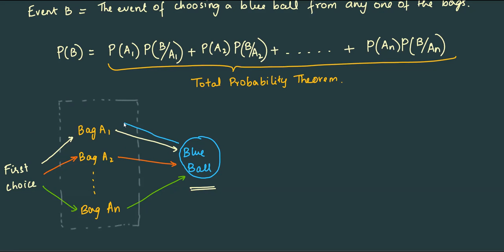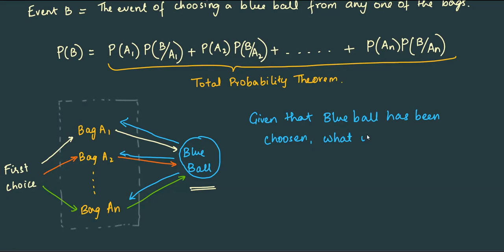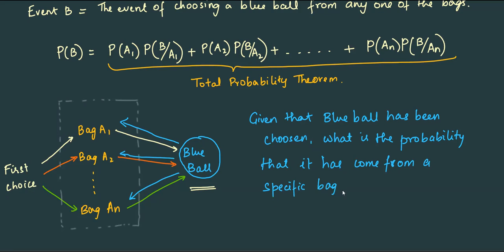I am showing the reverse arrow now, indicating that given that a blue ball has been chosen, what is the probability that it has come from a specific bag A1?